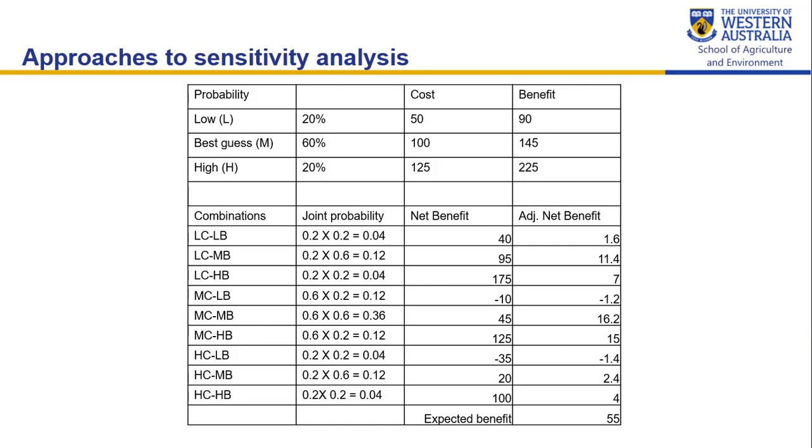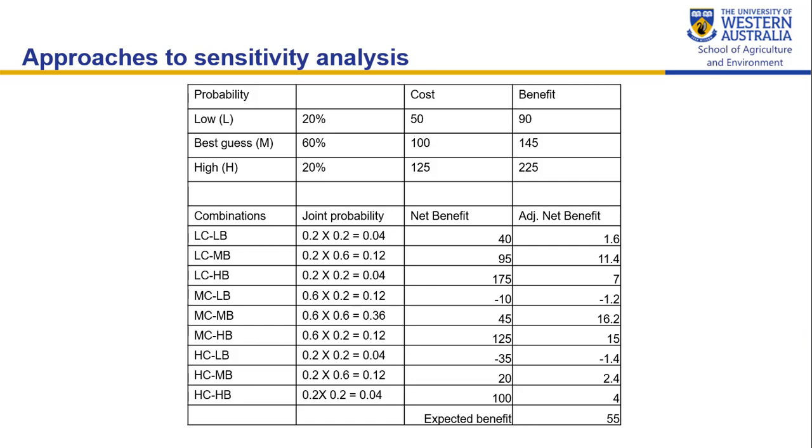So what we can do is calculate the expected benefit for different combinations of cost and benefit scenarios. Let's start with the low cost and low benefit combination.